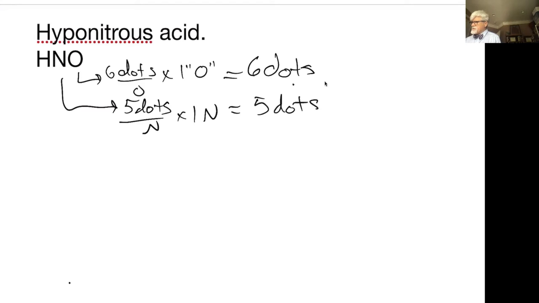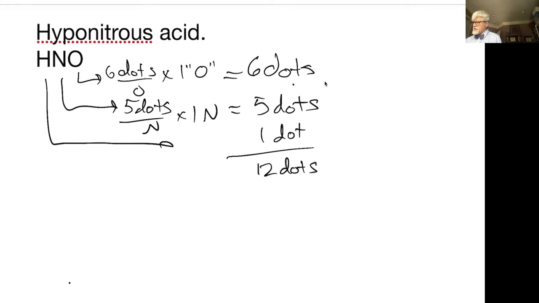But I'm going to end up with a total of 12 dots because I get 1 dot from hydrogen. And there's my 12 dots. So HNO. Notice that I'm writing these in exactly the order that they were given in the original problem. That's very commonly done. In chemistry, we're not trying to confuse you. So pay attention to the order in which things are offered to you, and maybe write them down in that order when you go to solve the problem. It usually works that way.